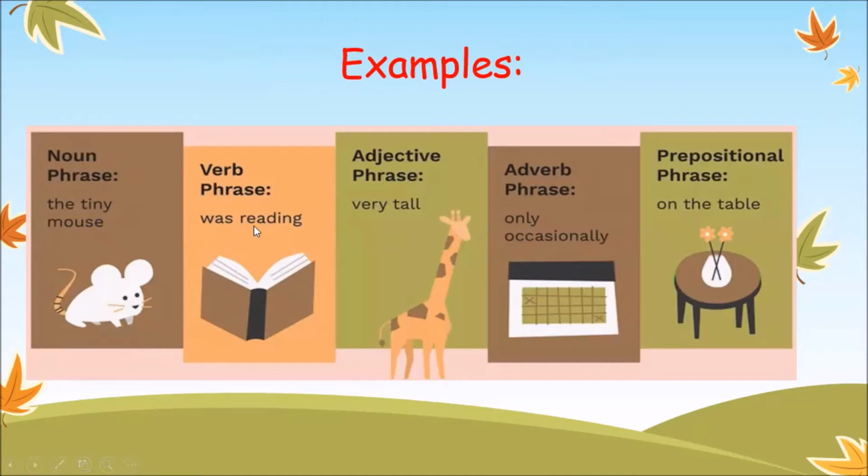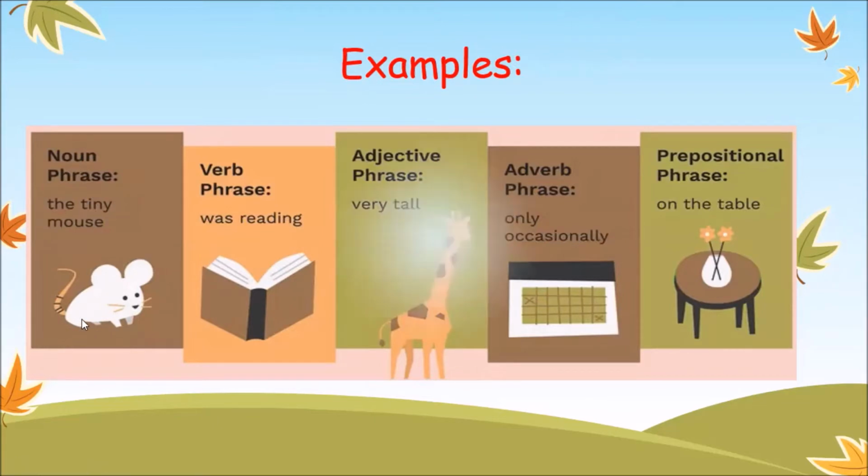This is a verb phrase, but it doesn't have a subject, so it's a phrase. Adjective phrase, very tall. Adverb phrase, only occasionally. Prepositional phrase, on the table. Okay, so these are examples of general phrases. But today we're gonna talk about only noun phrase.